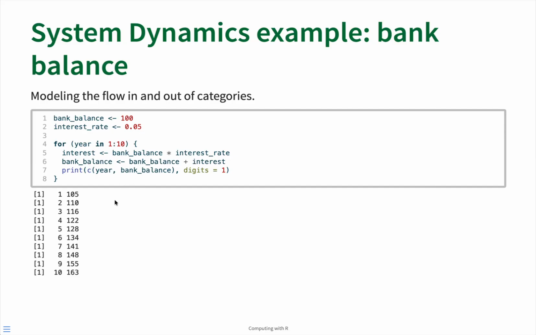It's predefined basically what's going to happen. If we were to run this code chunk all over again, we'd get the exact same result. We could add randomness in, right? We could allow interest rate to vary each year randomly, but that would be a more complicated model. And finally, of course, we have the thing that we're actually interested in measuring, which is the value of the bank balance after each year.